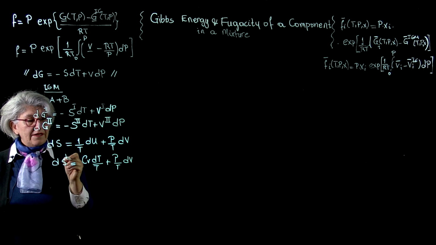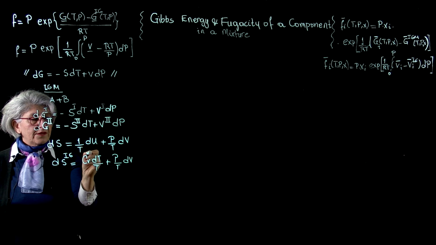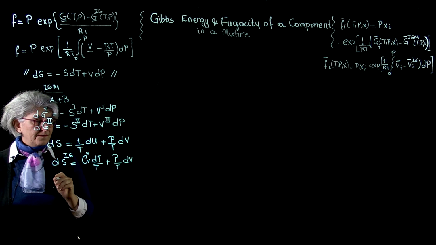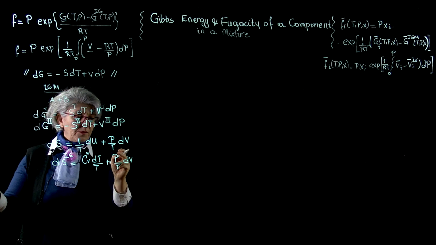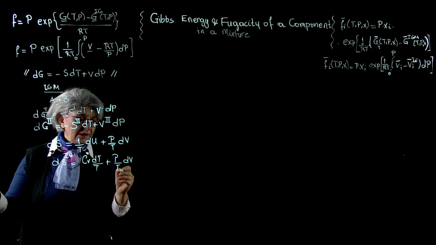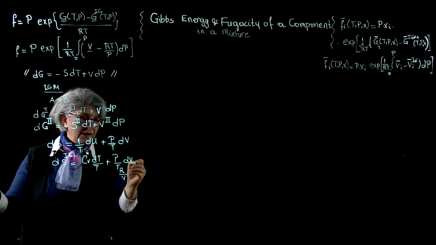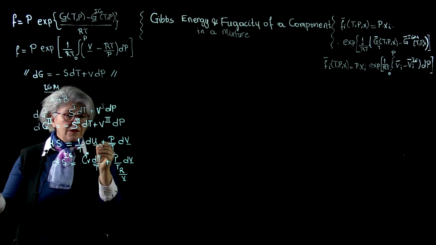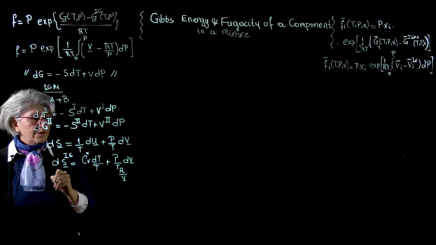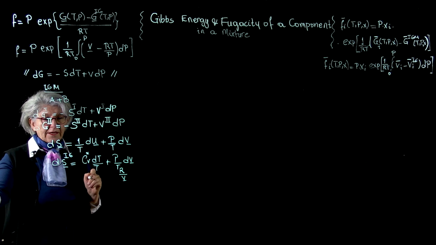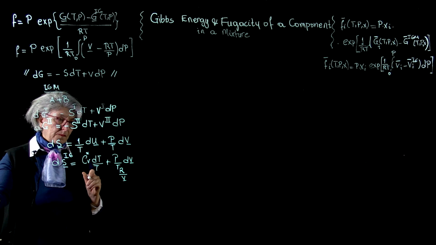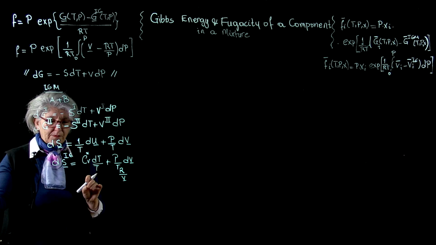For an ideal gas, this was Cv star, and P over T was R over V. Let's just start from specific intensive properties to proceed a little bit trouble-free.